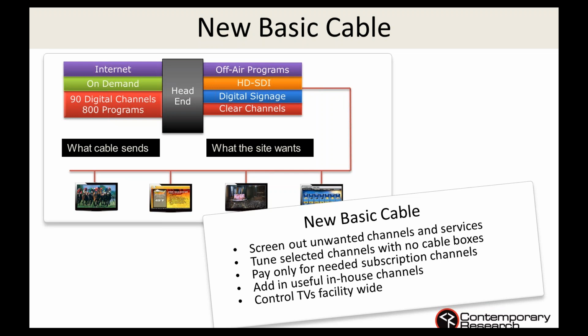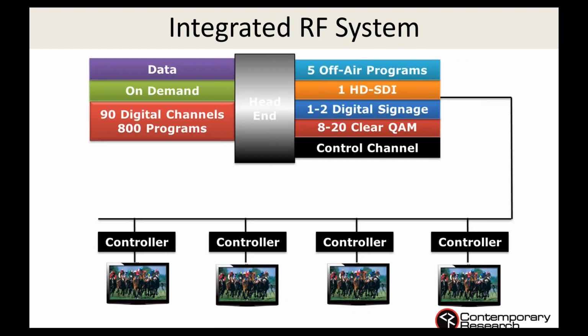But the basic idea is the integrator is involved with that. You're putting in modulators, so they have in-house channels, and then in many cases you're also doing control. So the TVs out in the hallways and the other rooms can be turned on and the channels can be changed whenever you need that.